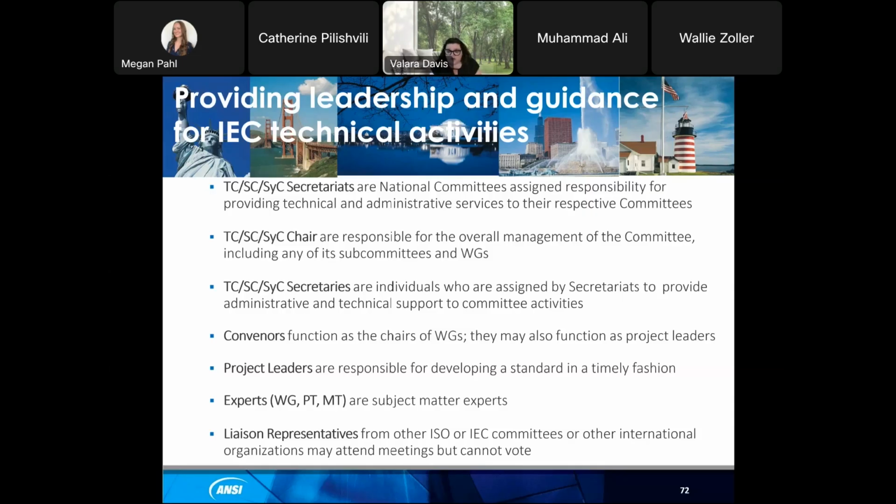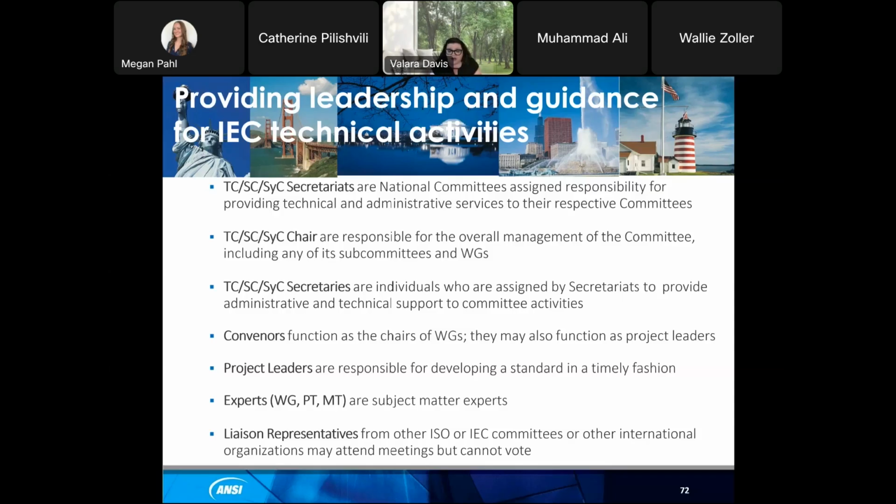The project leaders are responsible for developing the standard in a timely fashion. And then we've talked about the experts. These are the subject matter experts at the working group, project team, or maintenance team level, providing technical input into the development of the IEC document.